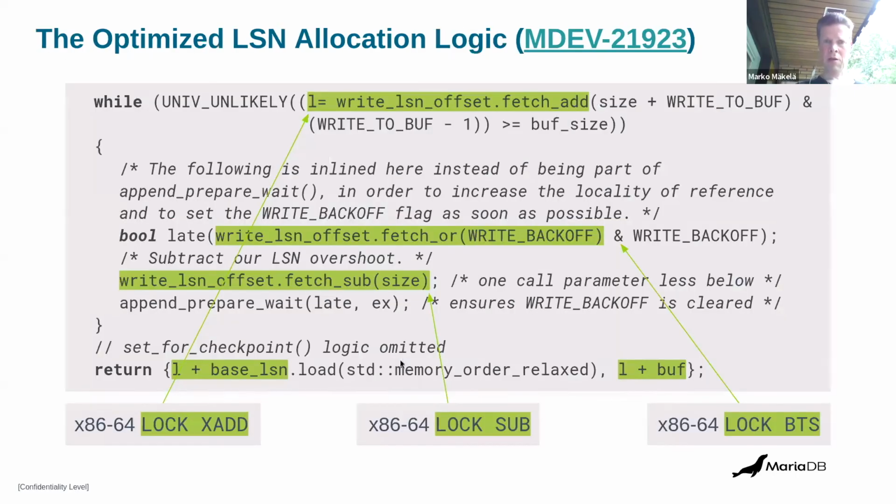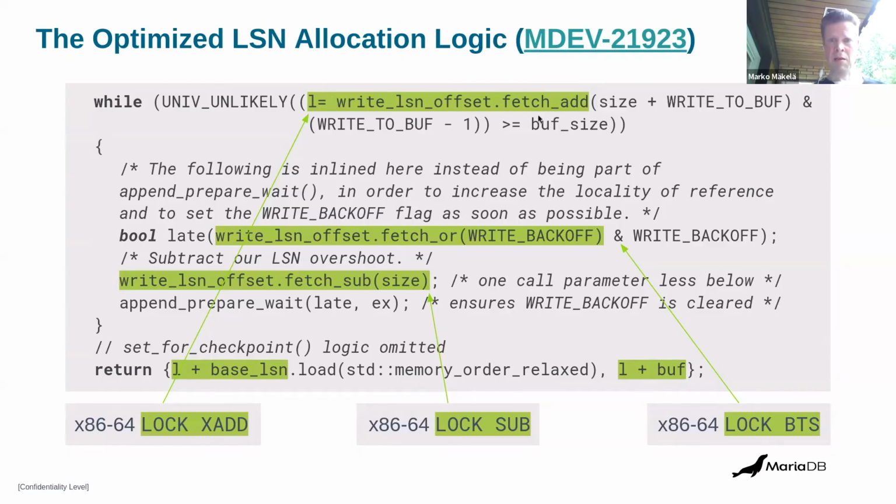So in code, it looks like this. It's a lot of C++ code, but actually it's much smaller if you look at the machine code. At the start, we atomically add our size and this magic constant to this 64-bit number.